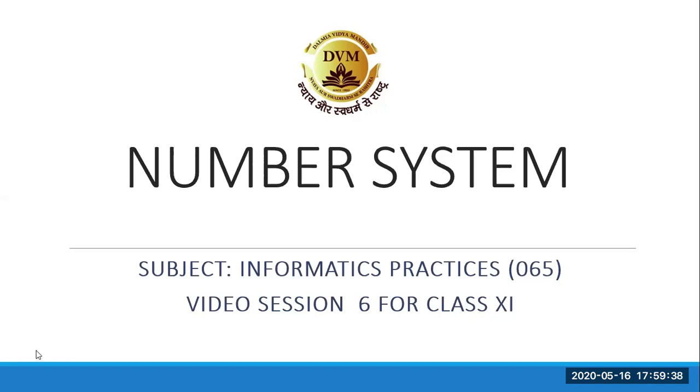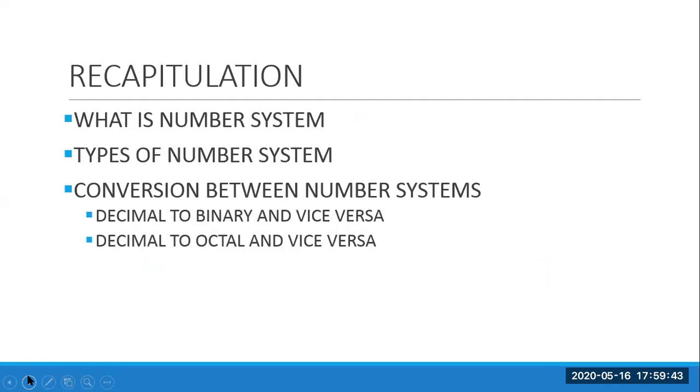As you guys know, we have already discussed what a number system is and what the different types of number systems are in the world of computers. Moreover, we have also discussed the conversion between the different number systems, that is, the conversion from binary to decimal and vice versa.